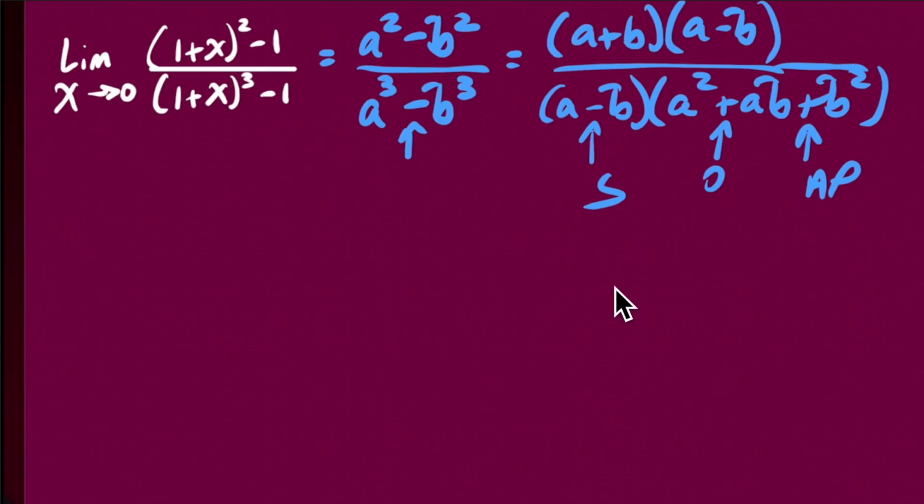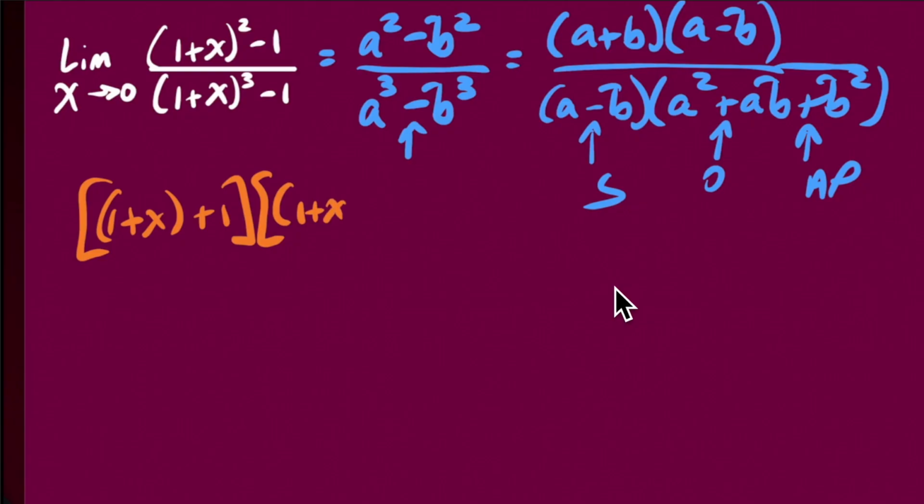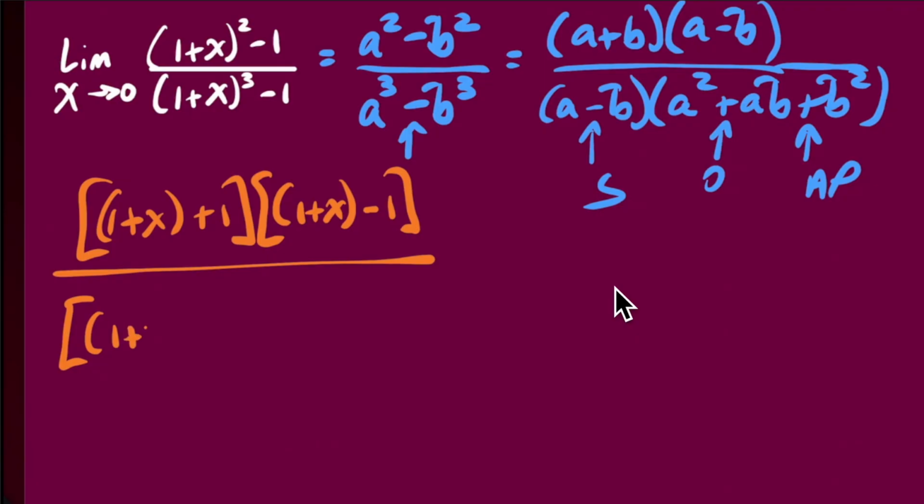Okay, if we go ahead and plug in, then in the numerator, we're going to have our a is 1 plus x, so (1 plus x plus 1) and (1 plus x minus 1). In the denominator, our a value is going to be 1 plus x, and then our b value is going to be 1.